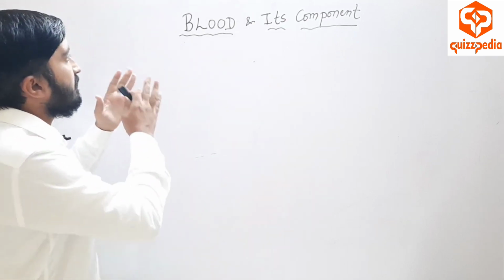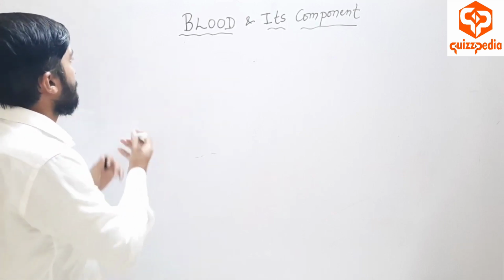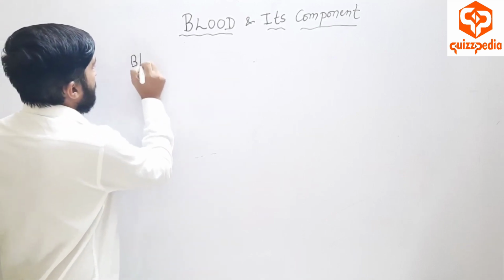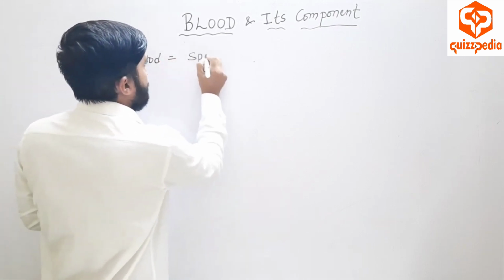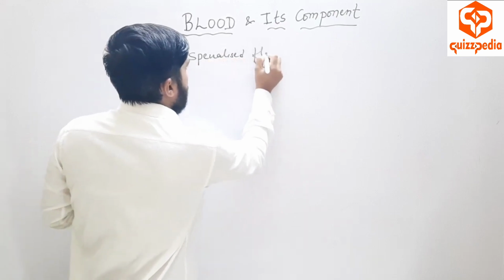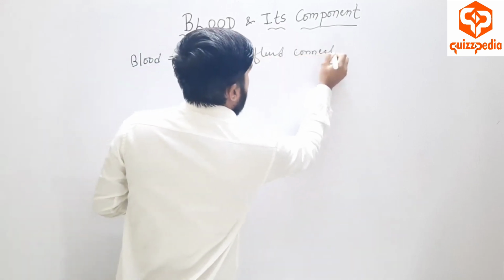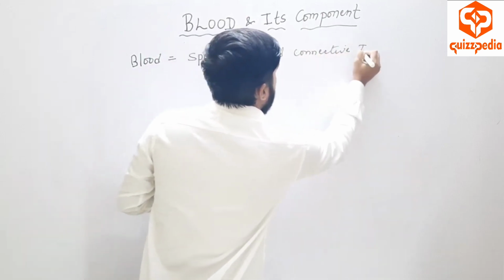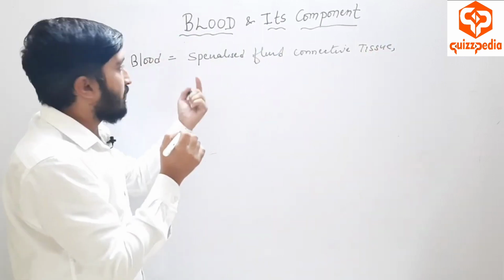So first of all, we have to tell about the definition of blood. What is blood? Blood is a specialized fluid connective tissue, which has two components.